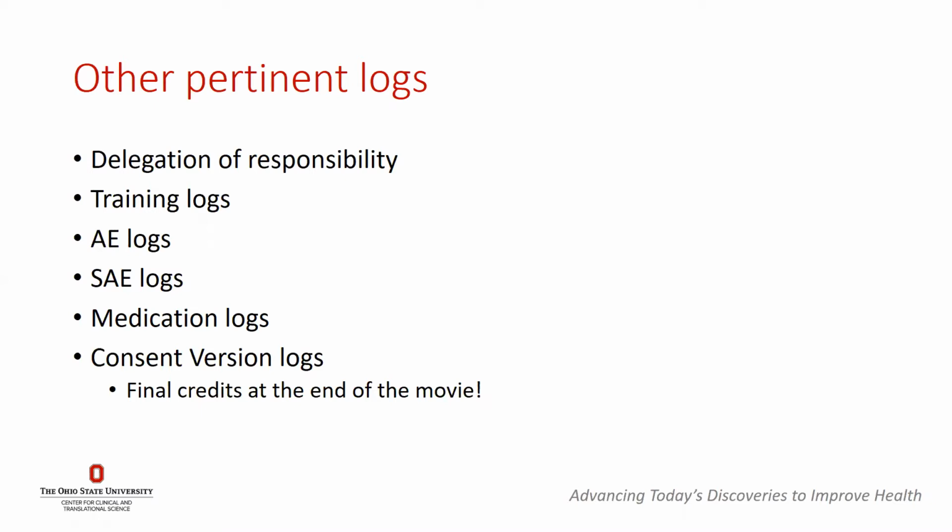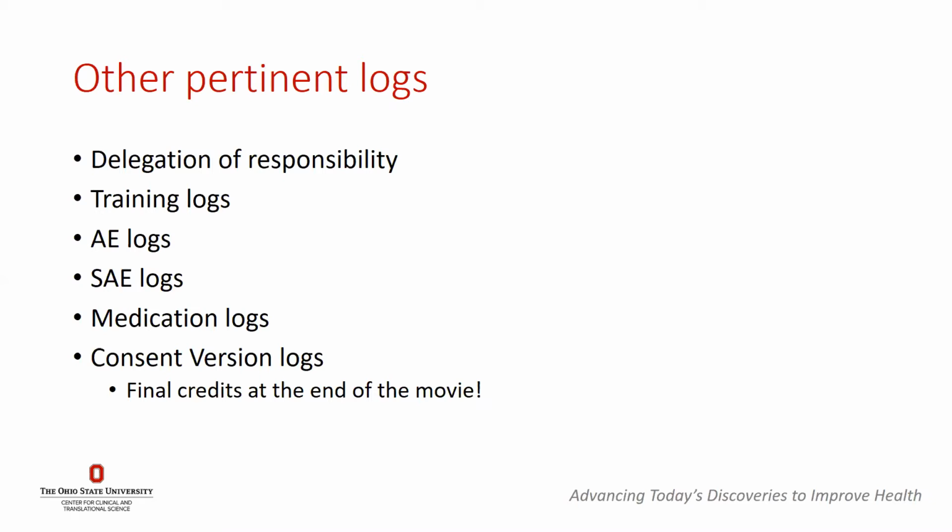Your training logs, you'll see that information on adverse event logs, severe adverse event logs, medication logs, and then if you're doing a log of the various consent versions, you want to make sure that you're documenting who is making those corrections, who is adding things to the log. If you've gone in and you've added a medication, you want to put your initials there, that you were the one that added it and what you were basing that on.